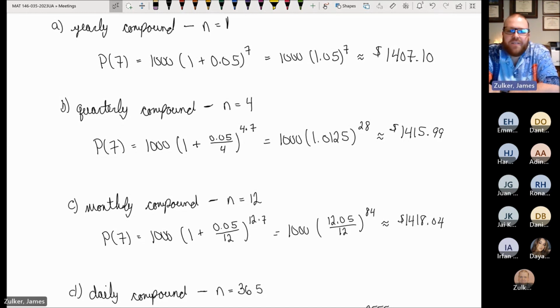Exactly. So you gain interest. Then the next time that interest is calculated, you're gaining interest also on the interest that you just gained, right? That's why it's called compound interest. So every time interest is calculated, every time your account compounds, you gain interest on what is currently in the account, including any interest you've already gained.